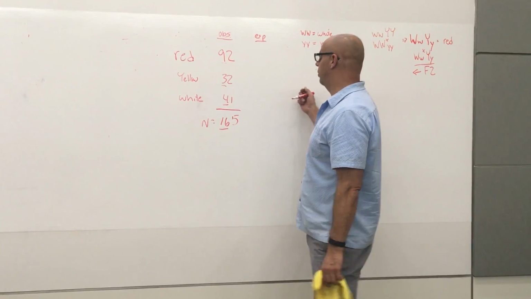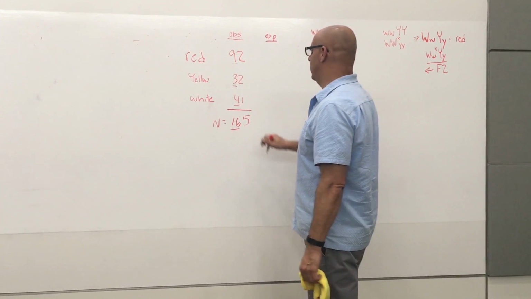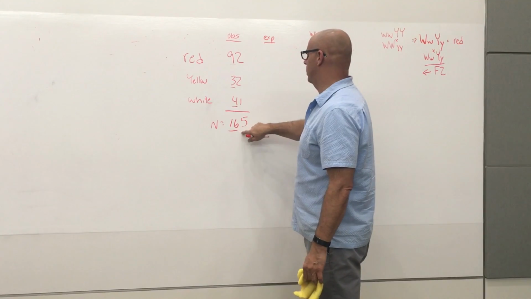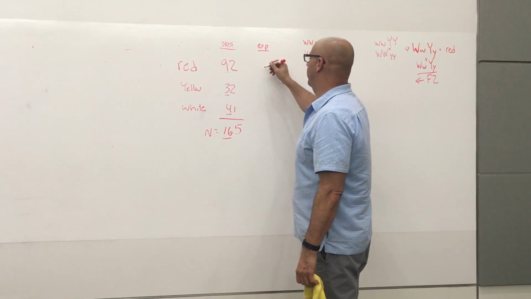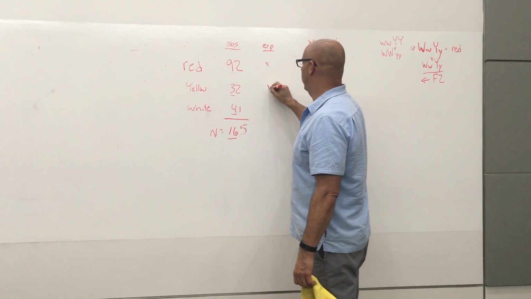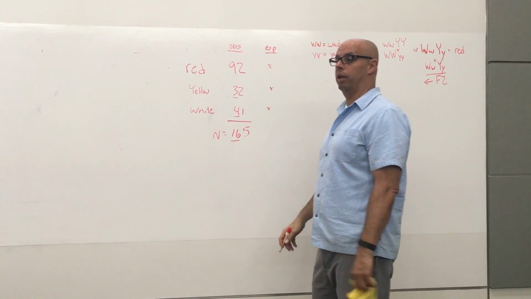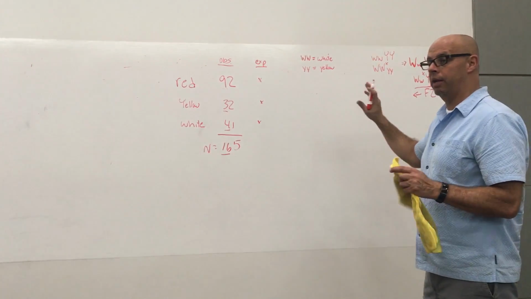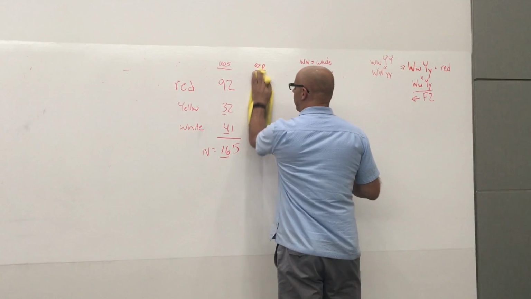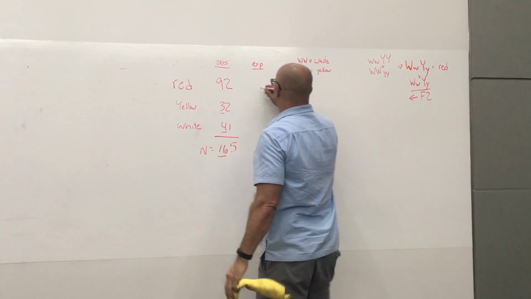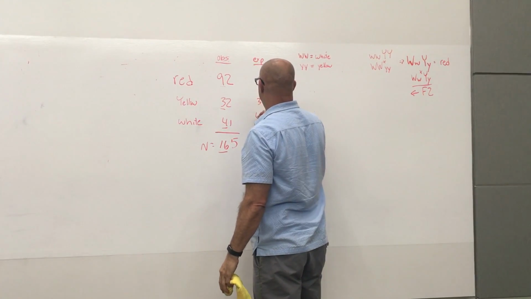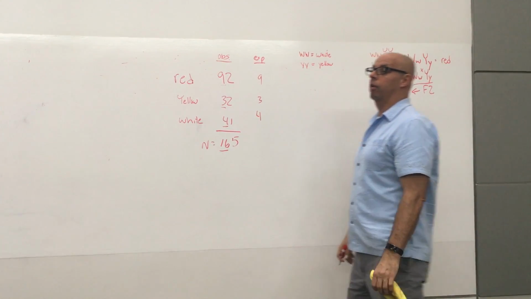Chi-square test. So you could even go through here, 9/16 times 165, and get an expected number here, here, and here, and do a chi-square test. But we're just going to squint at it and say, okay, this is close enough. 9, 3, 4 ratio. Epistasis is going on.